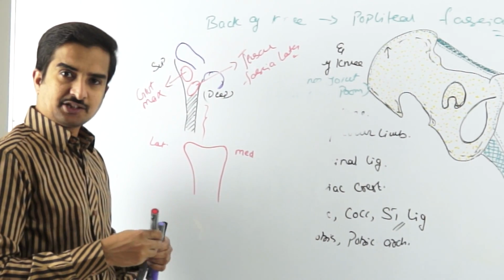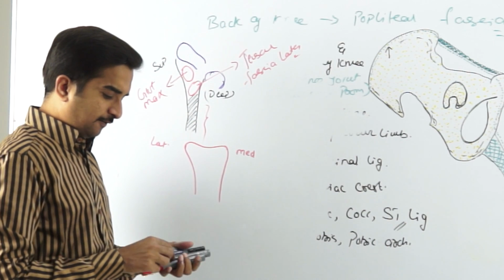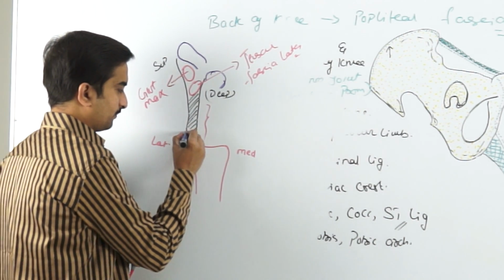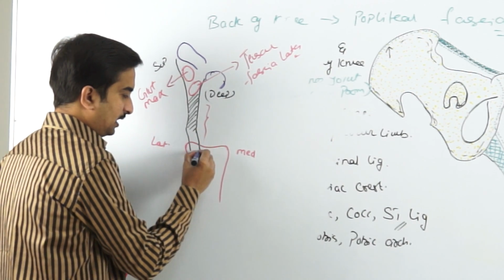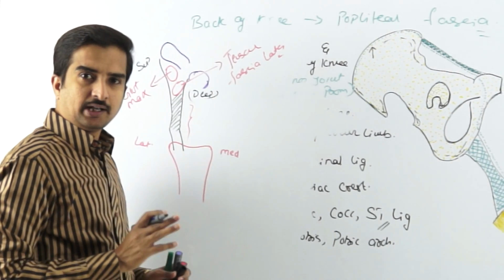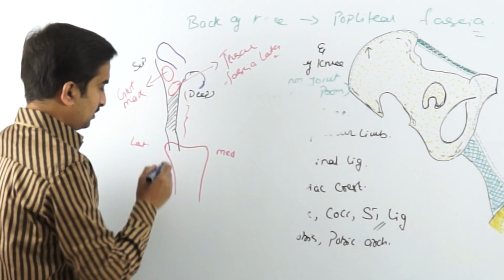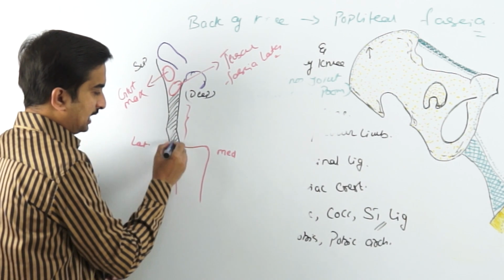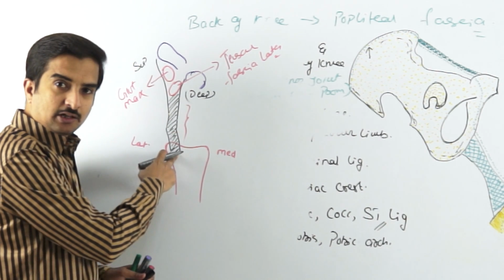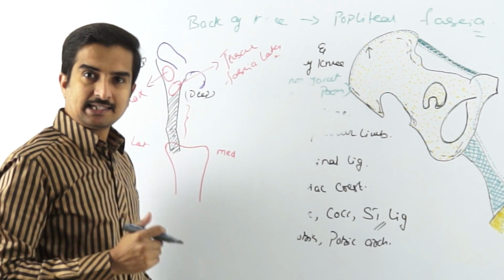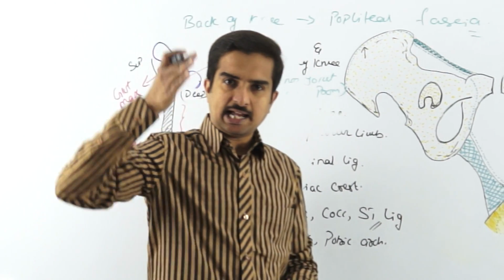So finally it extends downwards to the knee, where it attaches to the anterior surface of the lateral condyle of the tibia. This is the smooth anterior aspect of the lateral condyle of the tibia, where the iliotibial tract is attached. So it extends laterally.